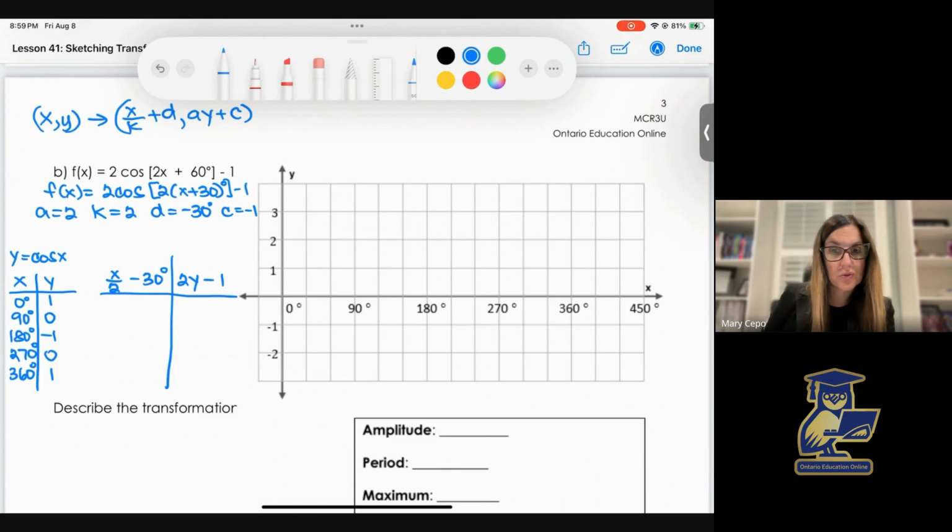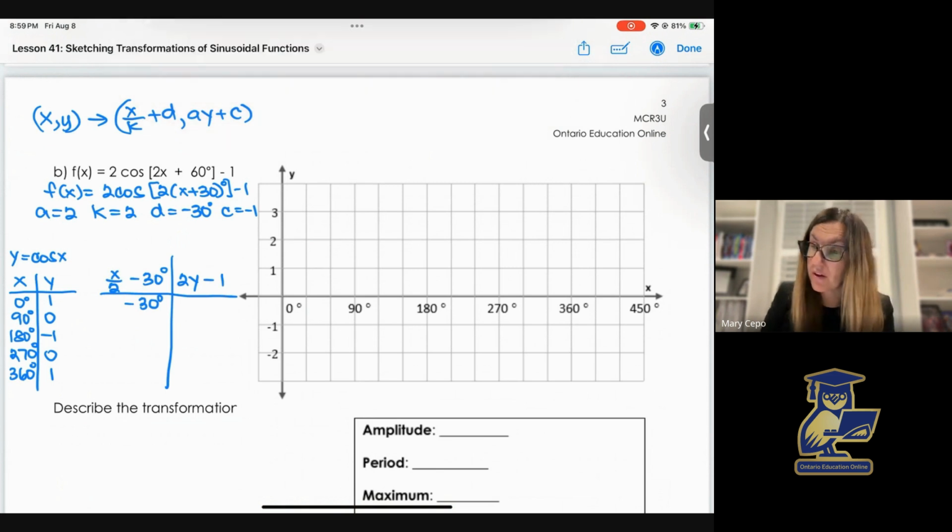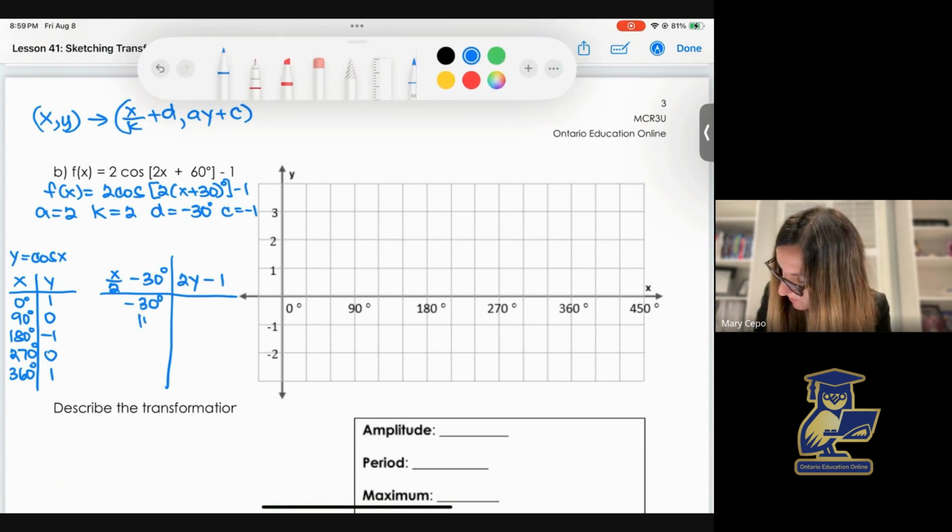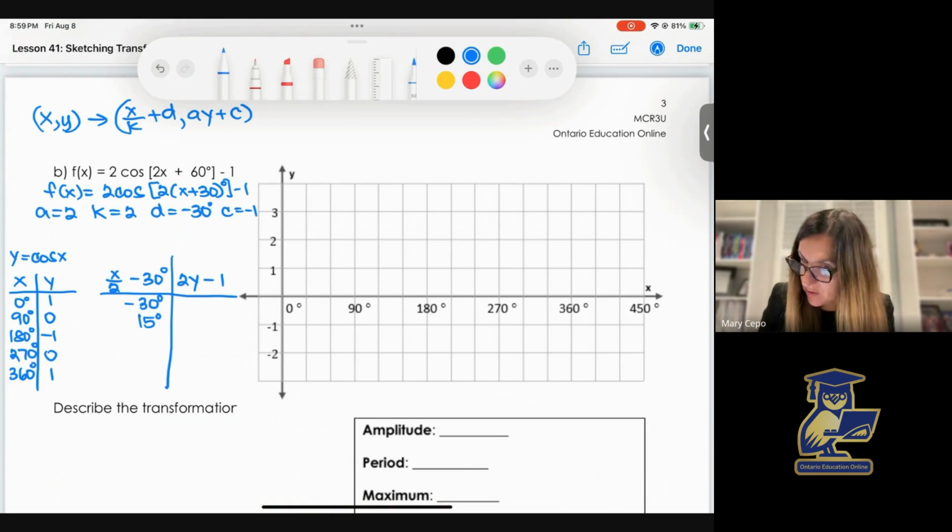Okay, so substituting our x values, 0 divided by 2 is 0, so it's going to be -30 degrees. 90 divided by 2 would be 45. 45 minus 30 would be 15 degrees. 180 divided by 2 is 90, minus 30, which is 60 degrees. It looks like we're going up by 45s again, so that would be 105 and then 150 degrees.